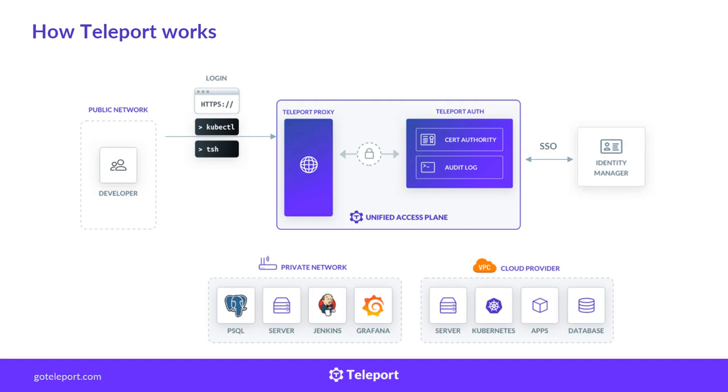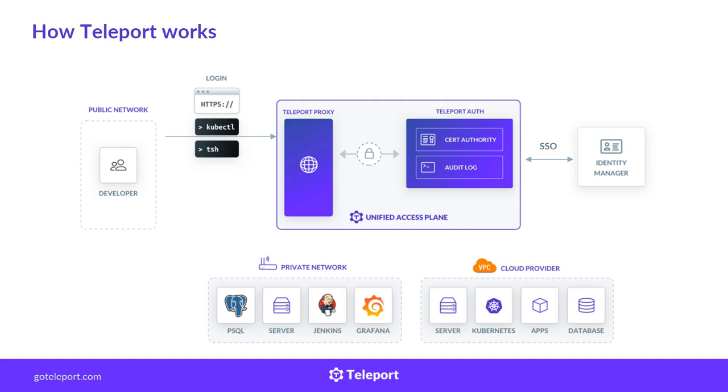Now, when a user wants to authenticate, as I mentioned, often you would use single sign-on. You can also use a local set of users, and we support that with multi-factor authentication. With single sign-on, through an identity provider like Azure Active Directory or Okta, you'll be authenticating with that particular IDP. I'll be using Auth0 in my example, and then Teleport will confirm that authentication.